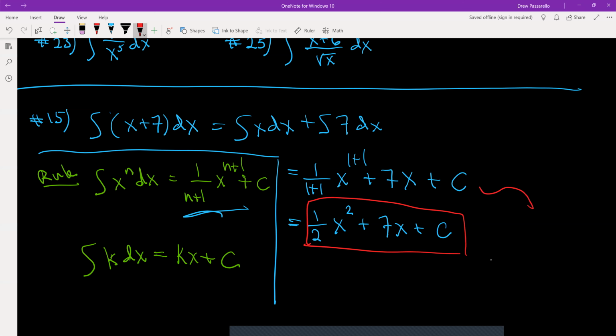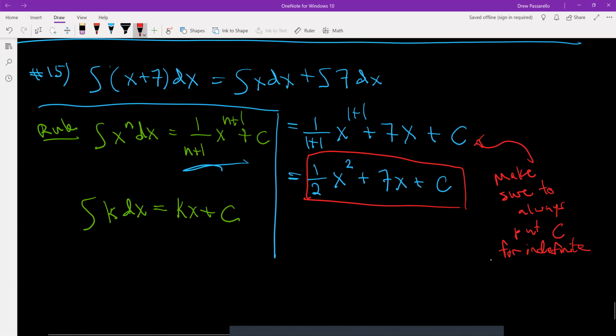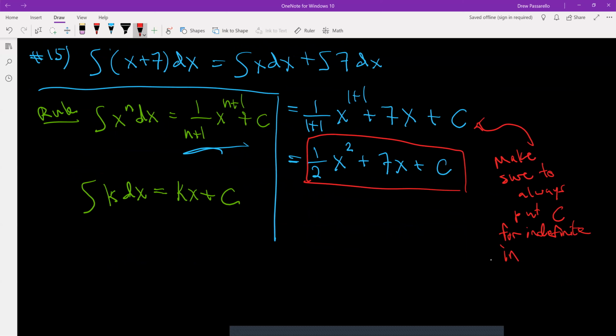And again, make sure you put the constant of integration because we're dealing with indefinite integrals. All right, later on we will deal with definite integrals, and I believe it's section 4.4.